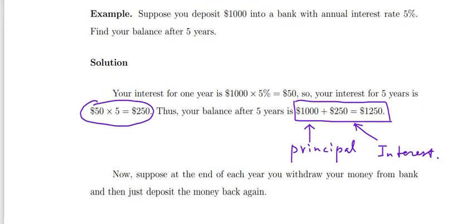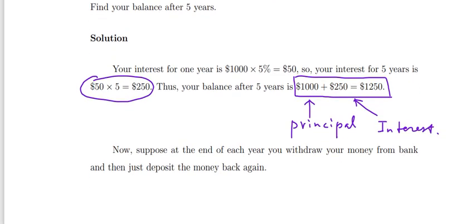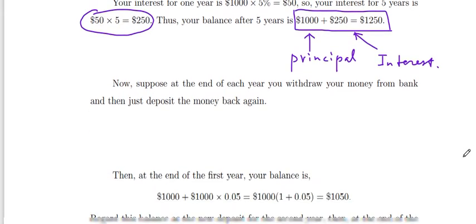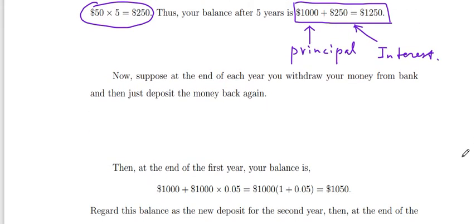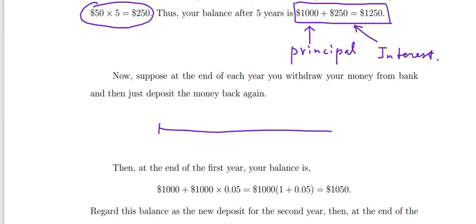Okay, so now suppose this: at the end of each year, you go to the bank and take money out, then you deposit money back. So at the very beginning, at time 0, you deposit $1,000.